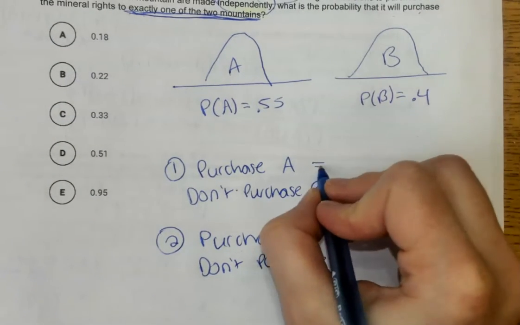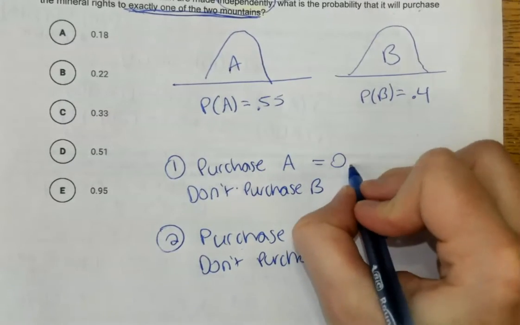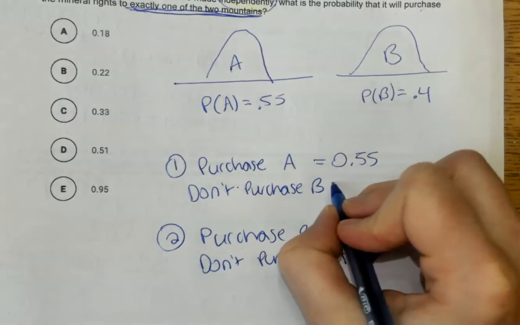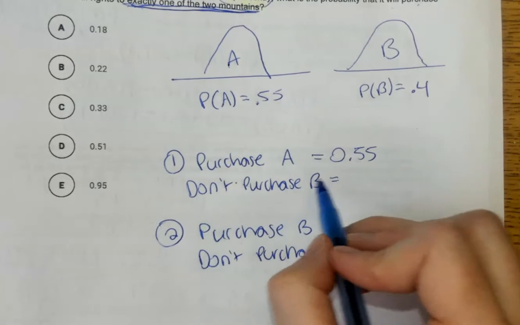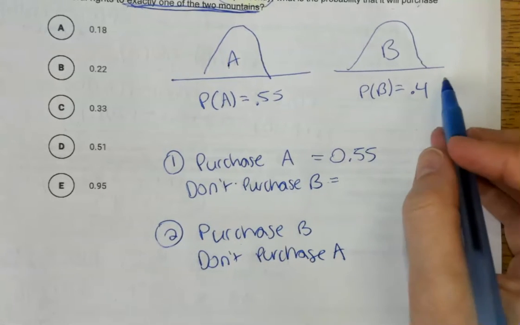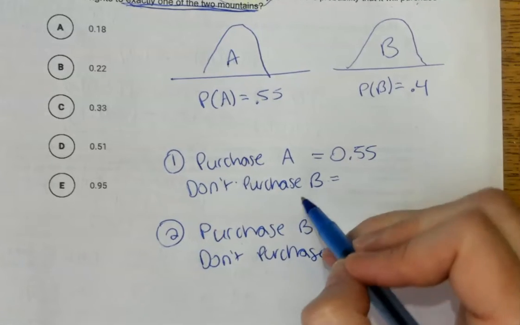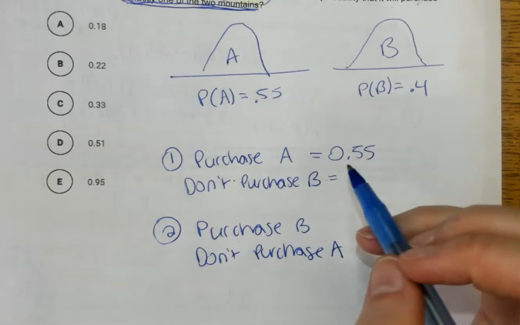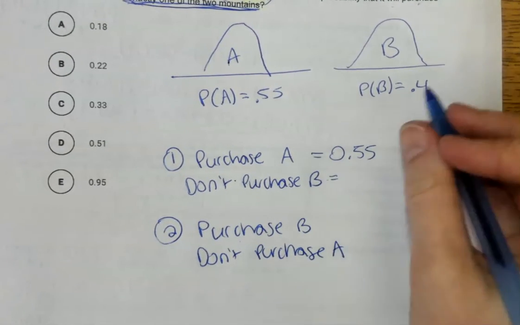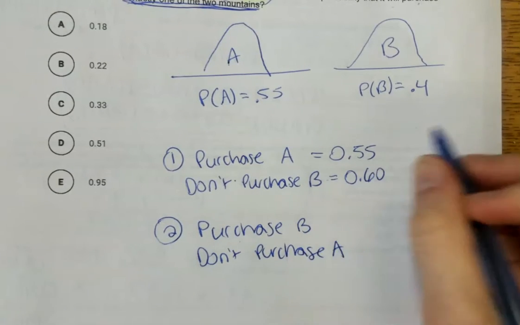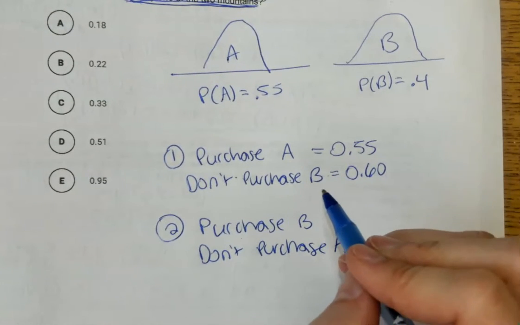I know the probability of purchasing Mountain A is 0.55. Not purchasing B? Well, purchasing B is 0.4, so what would not purchasing B be? They were complements, so it would be 0.6, 1 minus 0.4.